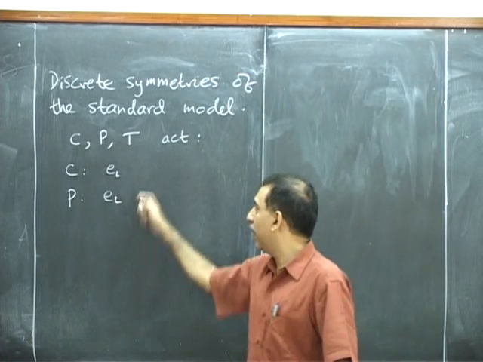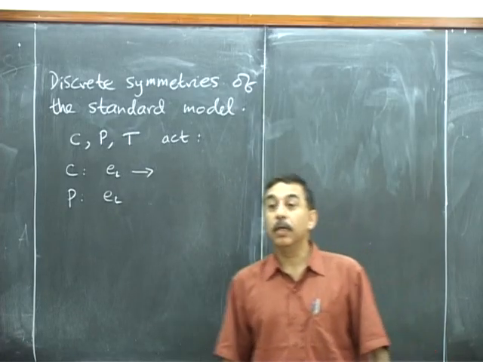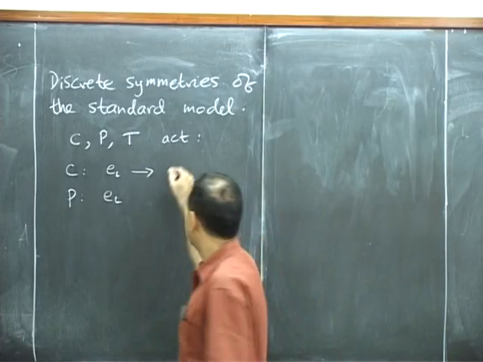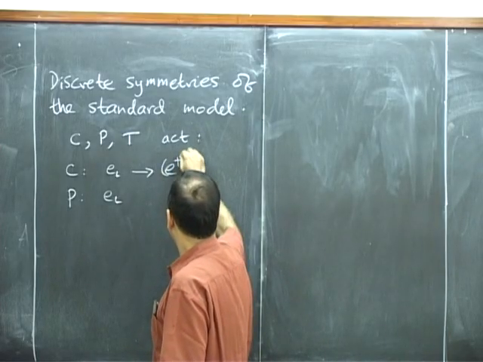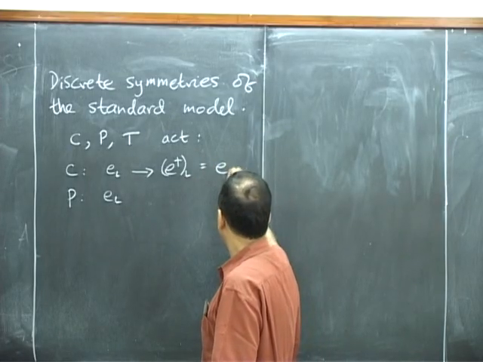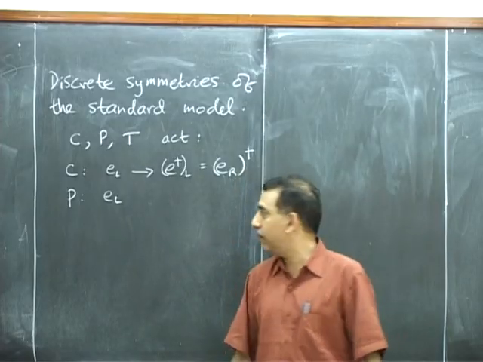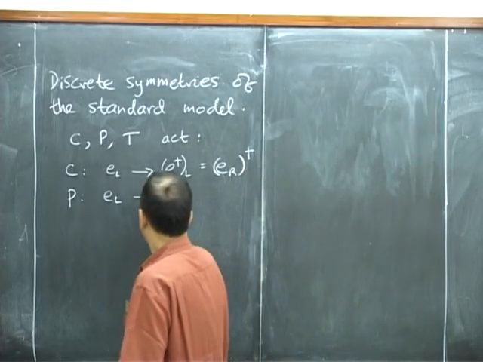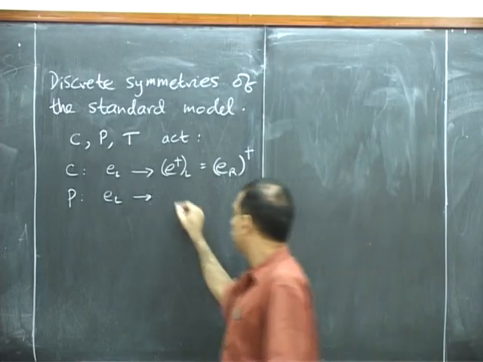What does C do to a left-handed electron? Left-handed positron, thank you. So this is E dagger L, which also happens to be E right dagger. Okay, we've been through this. On the other hand, under parity, EL goes to ER.